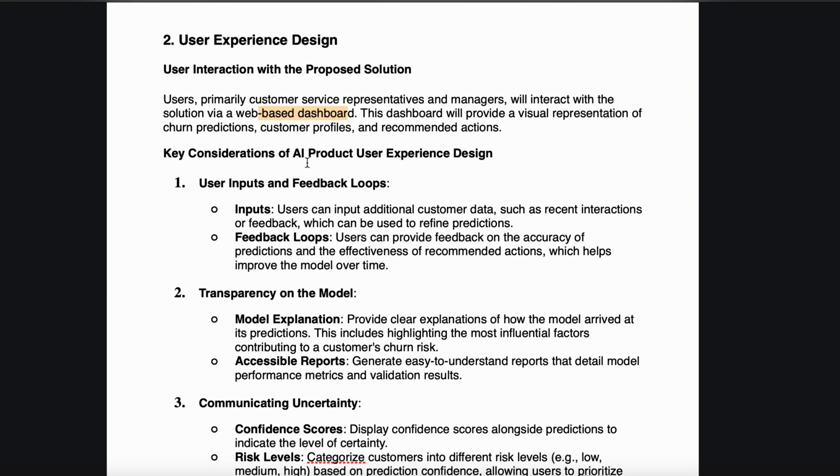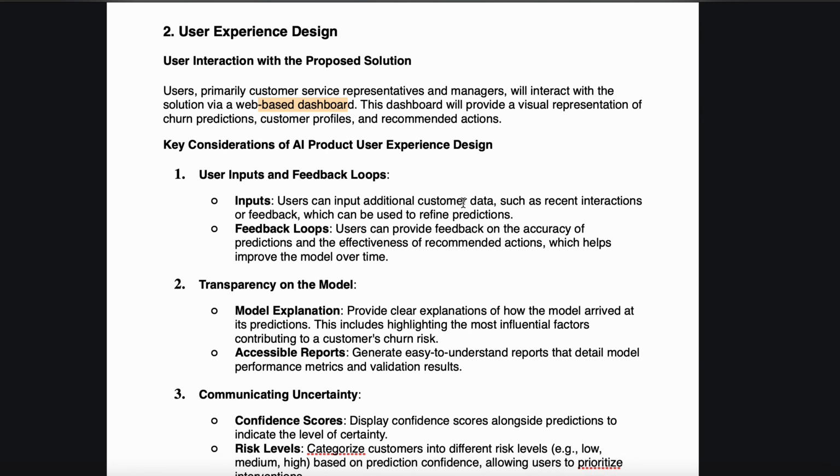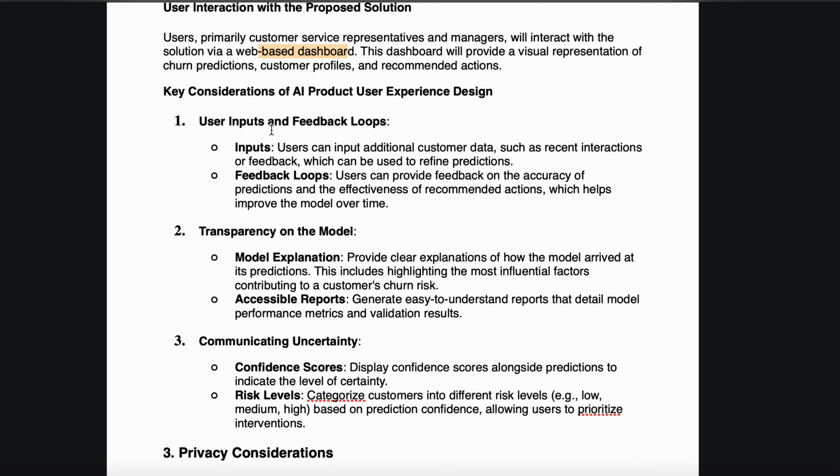Key considerations of AI product to user experience design. User inputs and feedback loops: users should be able to put in additional customer data, and feedback loops should be effectively established.